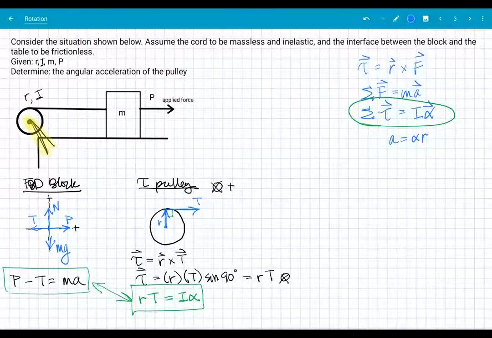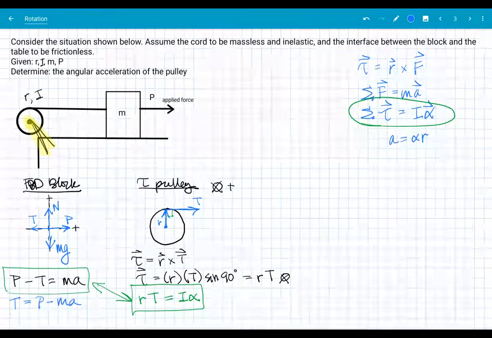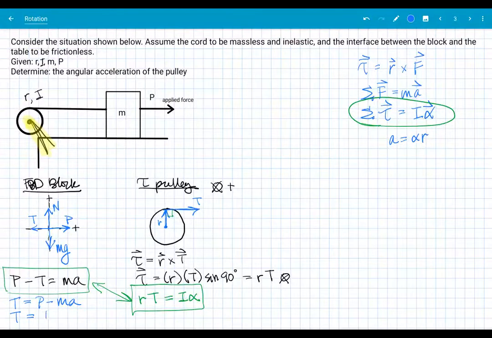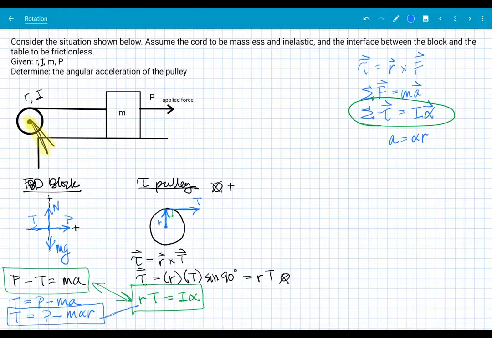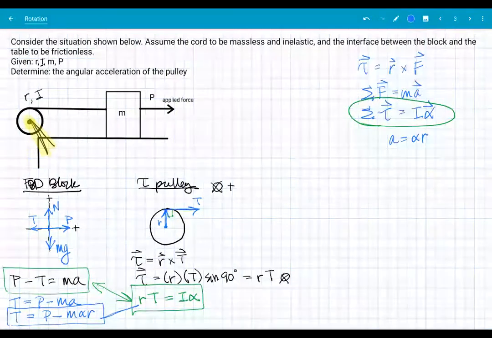So what I'll get here is tension equals P minus MA, minus alpha R. I'm just subbing in alpha R for A there. And now it's these two equations that I'll use together and solve for alpha.